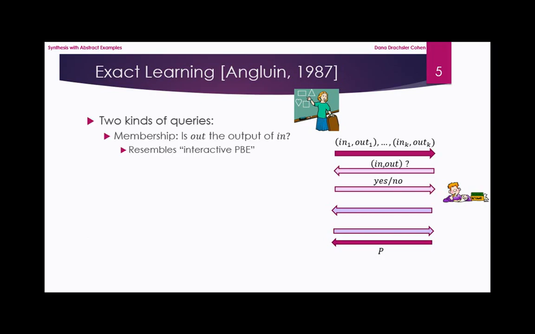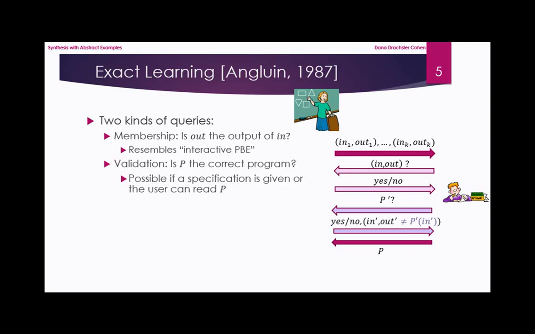The first kind is membership: you can give an input-output pair and ask the teacher, is this consistent with the target program behavior? Another kind of query is validation, where we ask, is this the correct program? Namely, is this the program that you wanted to have? You could pose this query if you have some specification, or if it just so happens that the user can actually read the program.